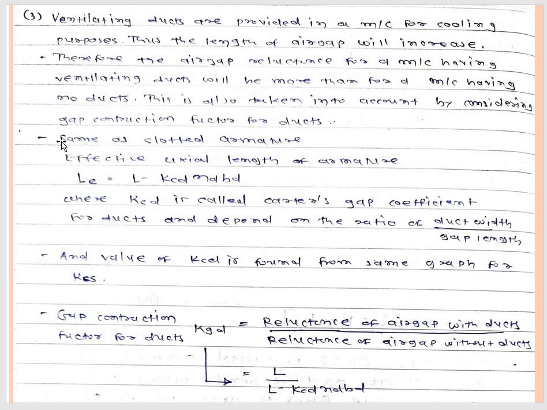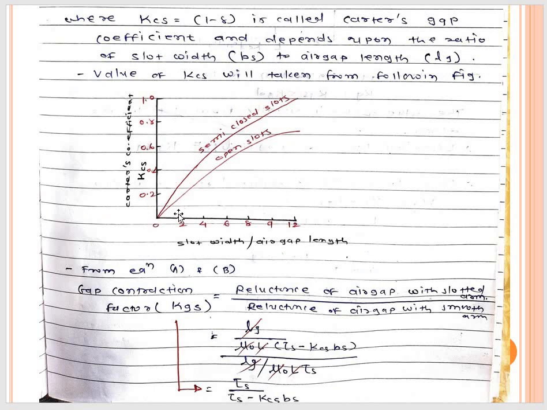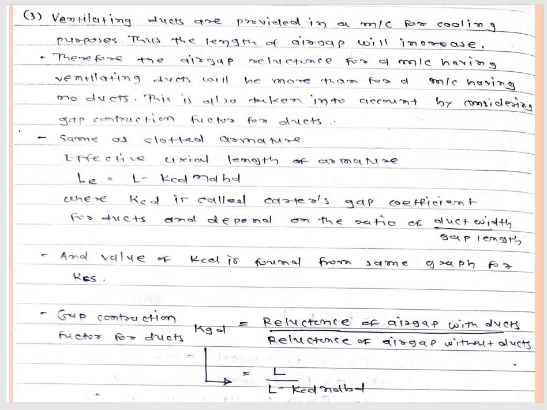Same as for the slotted armature, the effective axial length of the armature is given by Le equal to L minus kcd into nd bd, where kcd is the Carter's gap coefficient for ducts, nd is the number of ducts and bd is the width of duct. kcd depends on the ratio of the duct width divided by the gap length, and its value is found from the same graph as for kcs.